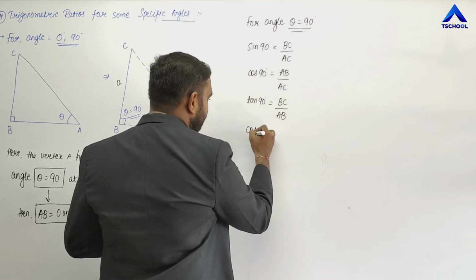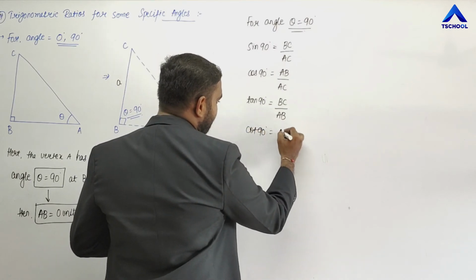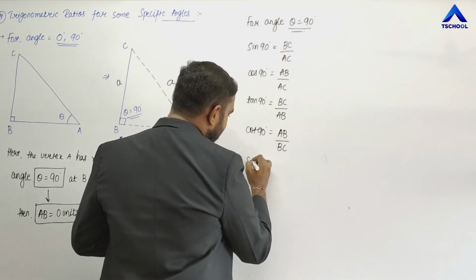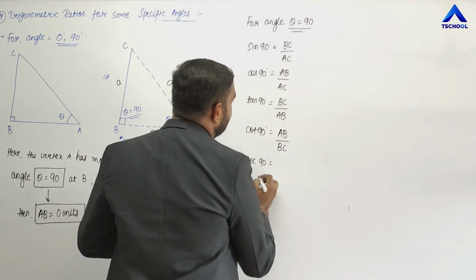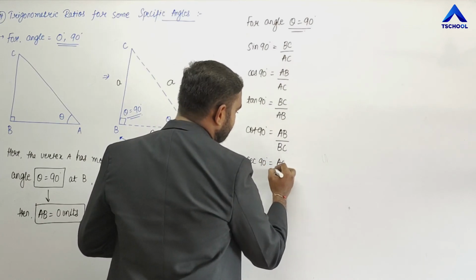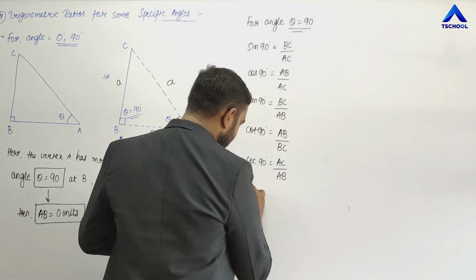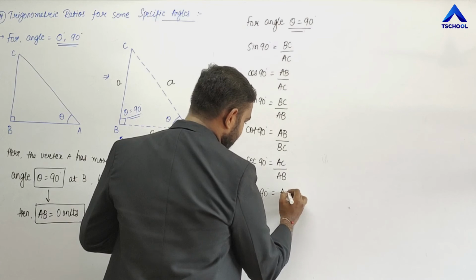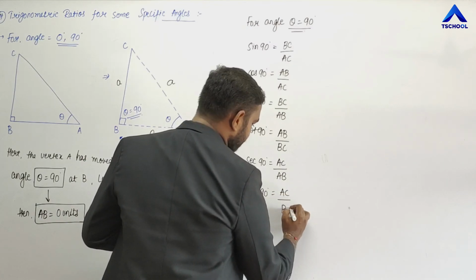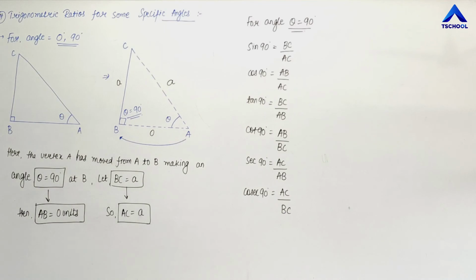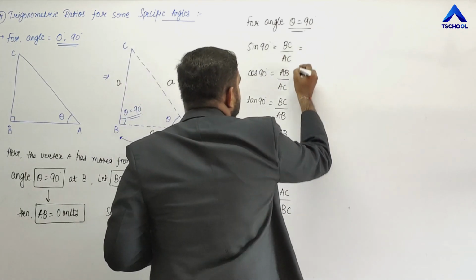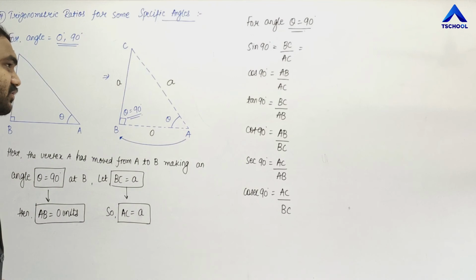Then we have cot 90, the inverse or reciprocal of tan 90, sec 90 that is equal to AC upon AB, and cosec 90 that is AC upon BC. So these are the 6 ratios that we are having: sin 90, cos 90, tan 90, cot 90, sec 90 and cosec 90. Let us quickly see by putting the values.